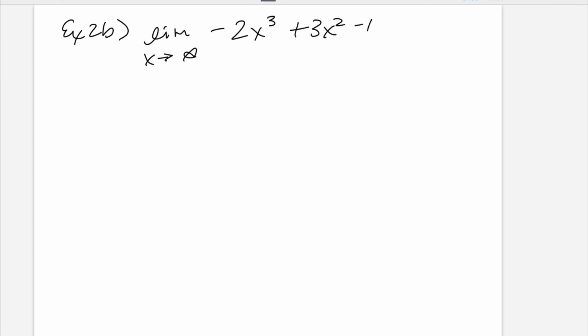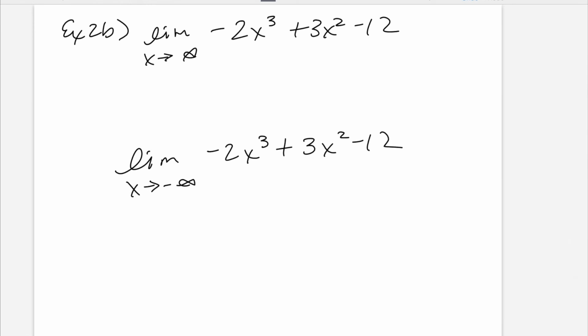What if I have something like this? I have the limit as x approaches positive infinity of negative 2x cubed plus 3x squared minus 12, and the limit as x approaches negative infinity of negative 2x cubed plus 3x squared minus 12, right? Odd, so that is affected, and I have this negative in front.